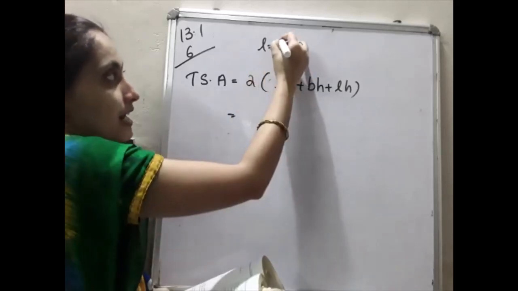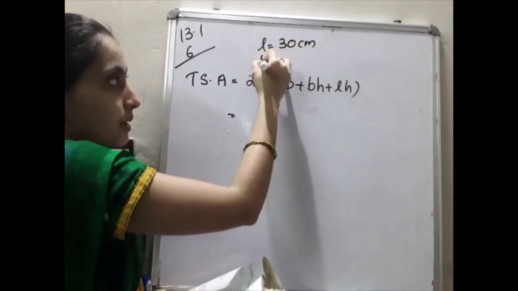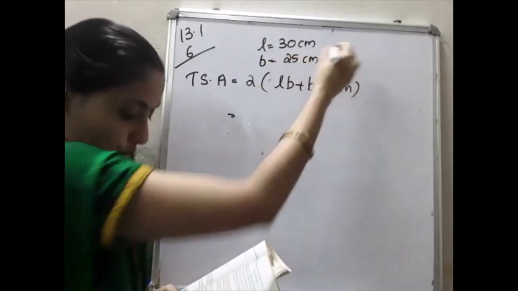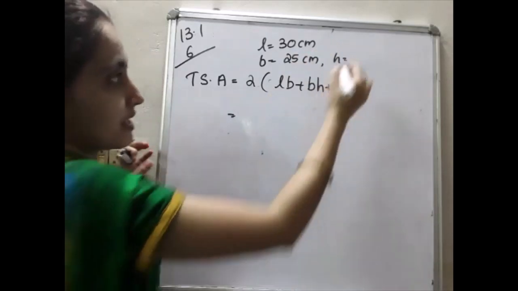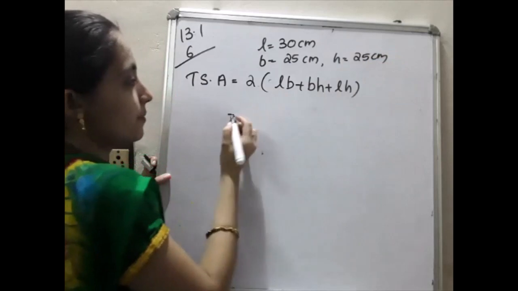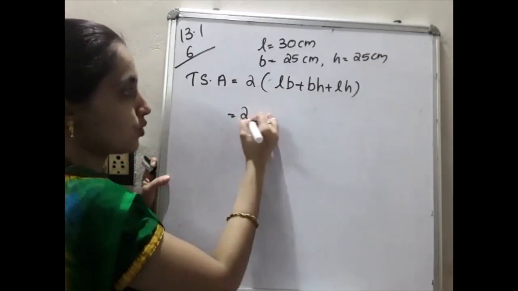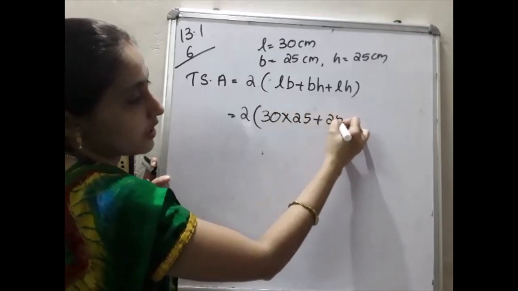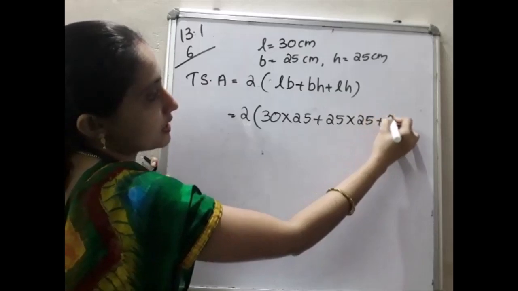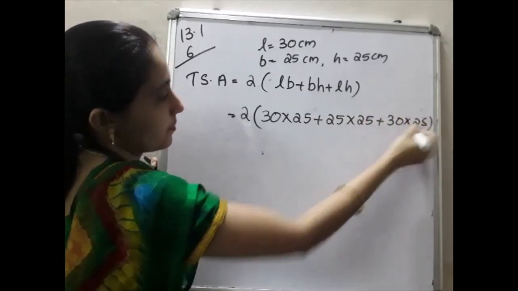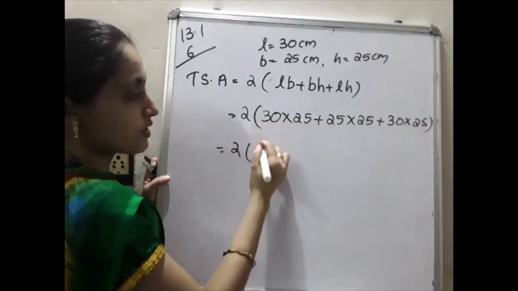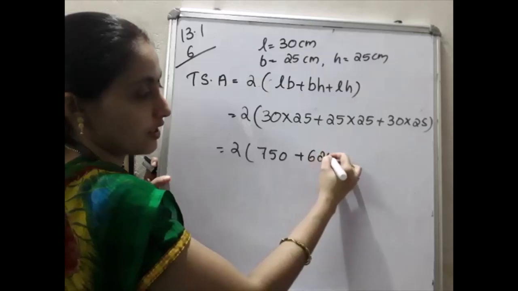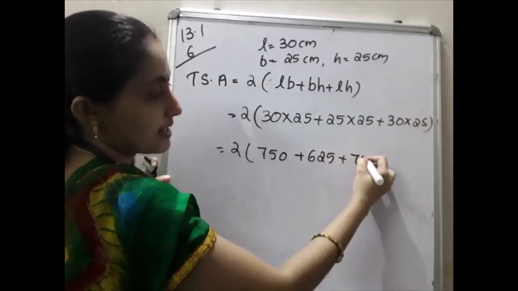That is L is equal to 30 centimeter, B is equal to 25 centimeter, and H is equal to 25 centimeter. Okay, so total surface area we have to find, that is 2 into (30 into 25 plus 25 into 25 plus 30 into 25). That is equal to 2 times: 25 into 30 is 750, 25 into 25 is 625, and 30 into 25 is 750 again.